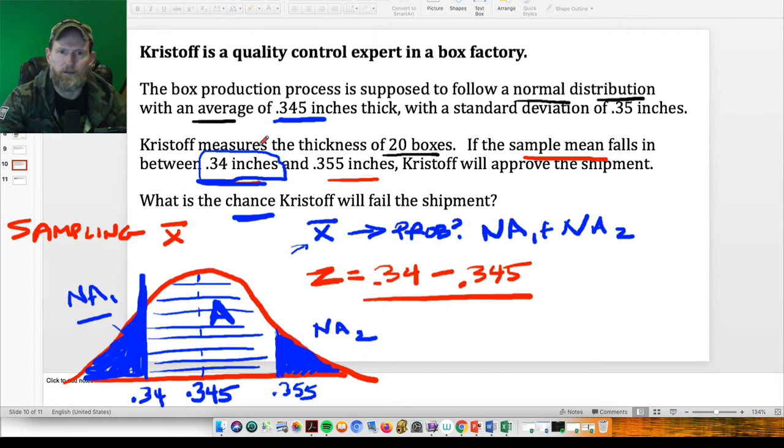And we're going to take sigma, which is 0.35, and put it over the square root of 20. So we're going to figure out all that, and then we're going to go to our z-table.